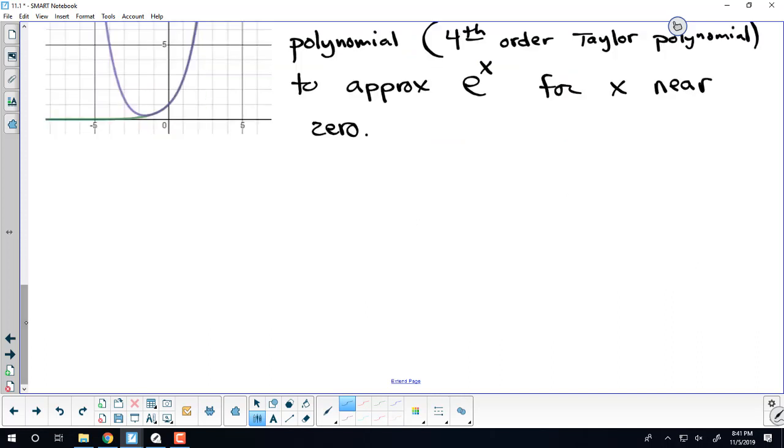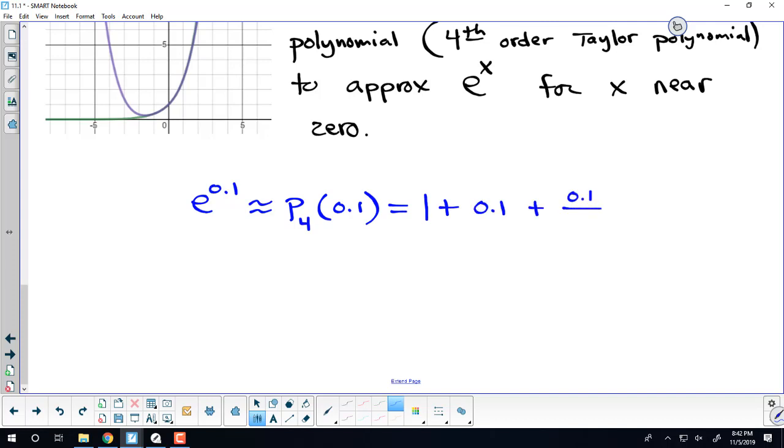So if we said, what is e to the 0.1? Then we know that e to the 0.1 is approximately the fourth degree polynomial at 0.1, which is 1 plus 0.1 plus 0.1 squared over 2 factorial plus 0.1 cubed over 3 factorial plus 0.1 to the fourth over 4 factorial.